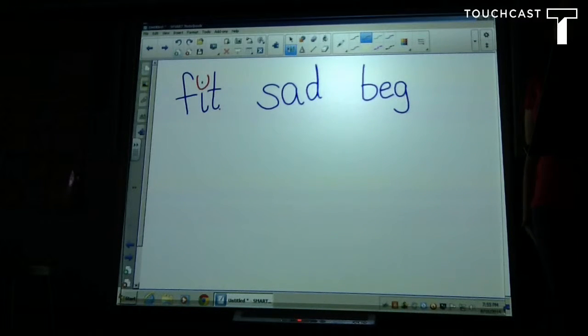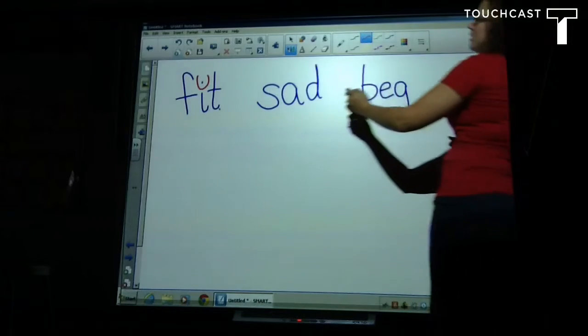Who can read that word? Me. What is it? It's fit. Very good. Can you tell me what fit means or use it in a sentence? My clothes fit. Very good.